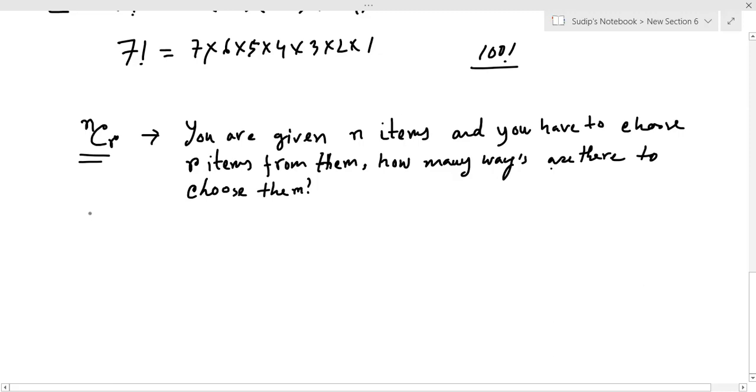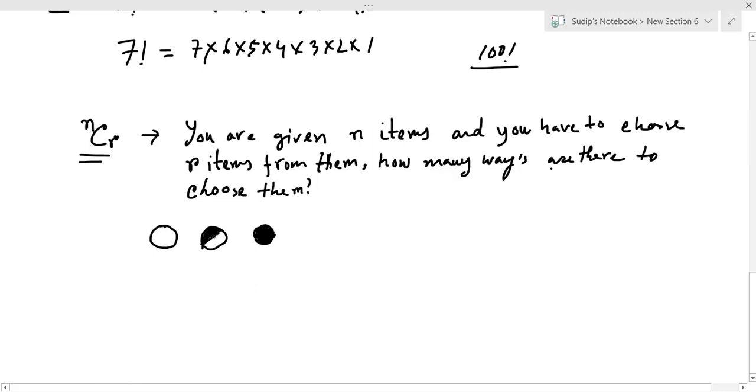So for an example, suppose you were given 3 balls. One ball is white, one ball is semi-white, and one ball is black. And you are to choose one ball from the 3.